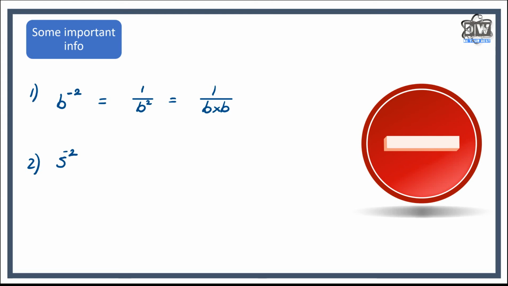Next question here, we're going to take away the letter, add in a number. 5 to the power of minus 2 also equals 1 over 5 to the power of 2. But that can be rewritten as 1 over 5 times 5, which then can be rewritten as 1 over 25, because 5 times 5 is 25.